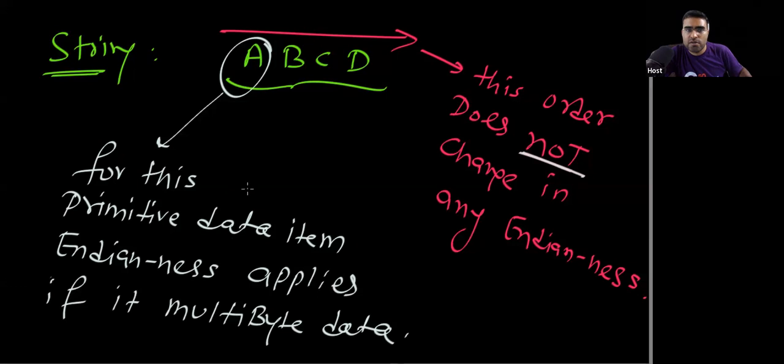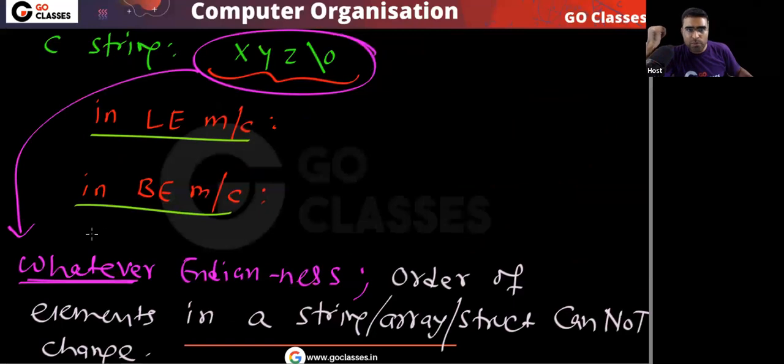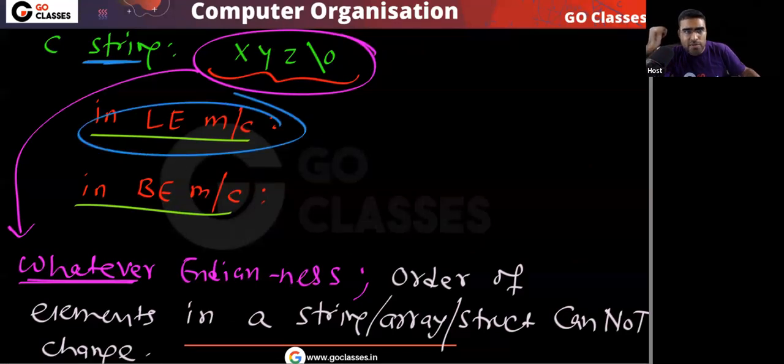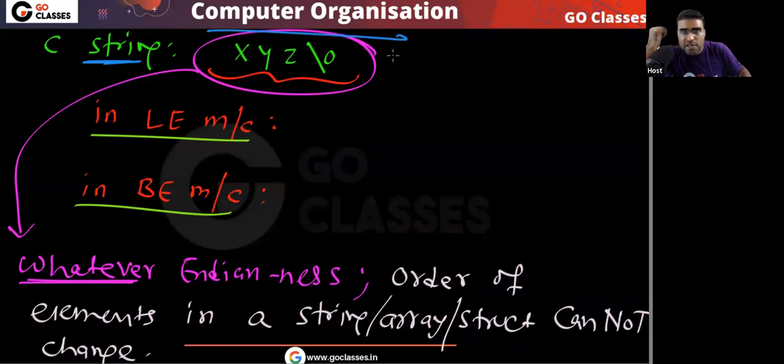Are you getting my point? For this also the same thing will happen: if this is multi-byte data, then endianness will apply. So, very simple point: this is a string. Whether you take a little endian machine or a big endian machine, the order of these elements, X, Y, Z, null, will not change. And tell me, is this 1 byte data or not?